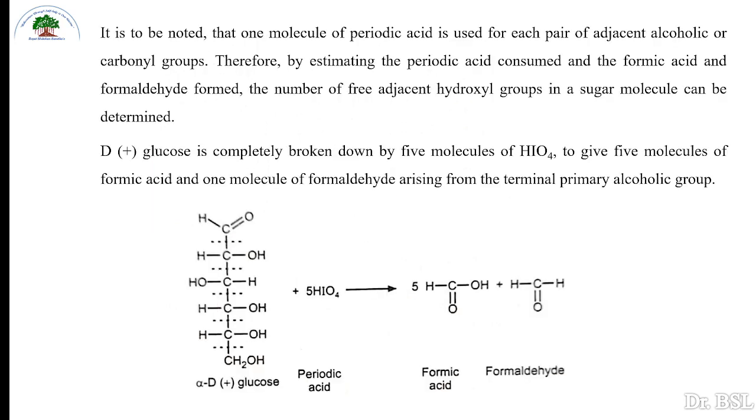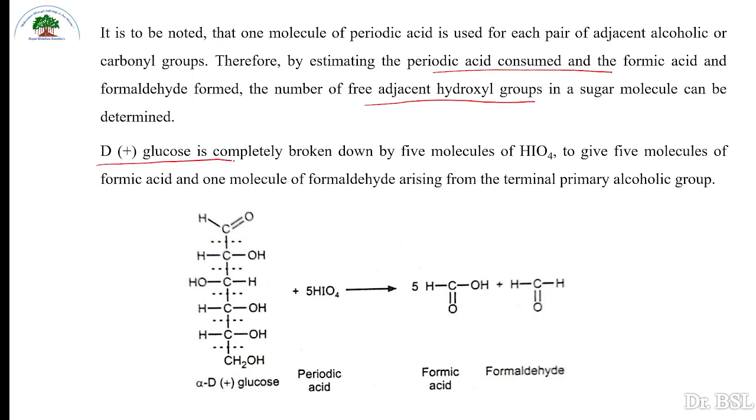So it is to be noted that one molecule of periodic acid is used for each pair of adjacent alcoholic groups. Therefore, by estimating the periodic acid consumption and formic acid or formaldehyde formed, the number of free adjacent hydroxyl groups in the sugar molecule can be determined.